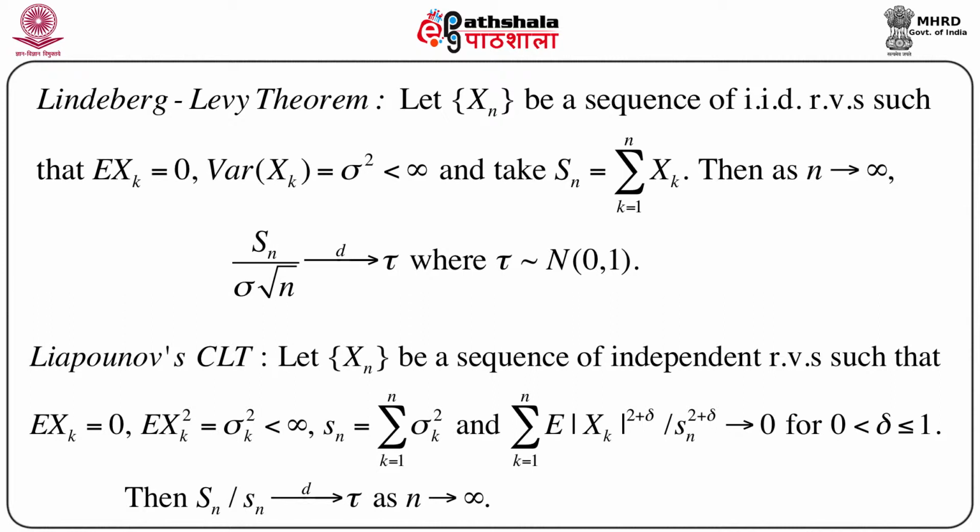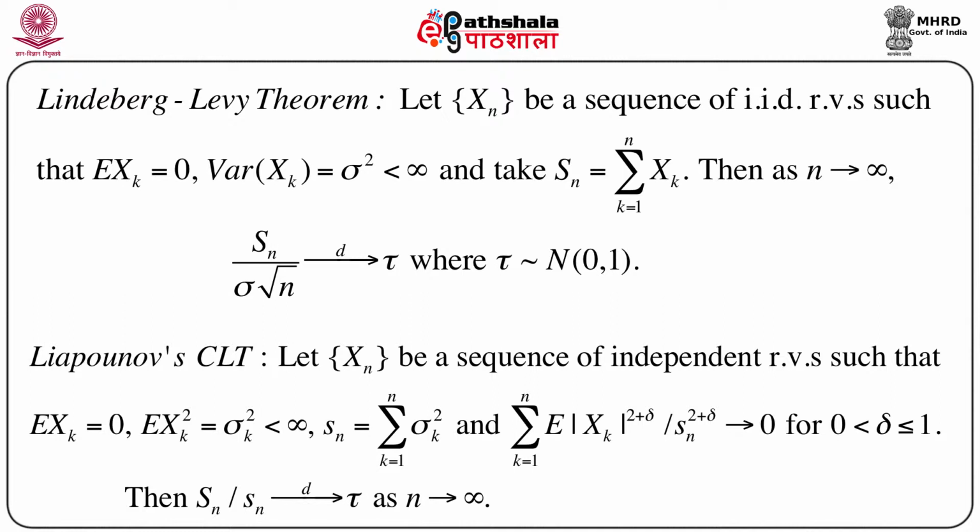Note that Lyapunov's CLT assumes the existence of a moment of order slightly higher than 2. But the important thing is that in the expression of the main theorem, that is the normalized variable for which we are investigating the convergence in distribution, only sigma or sigma squared appears.